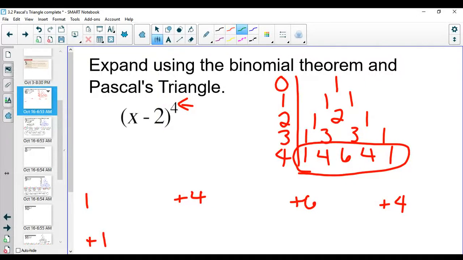Next, I am going to take each term of the binomial, and I'm just going to write them after each coefficient that I just wrote out. So I'm going to take the x, and I'm going to write parentheses x after every coefficient that I just wrote. I'm going to do the same thing with -2.